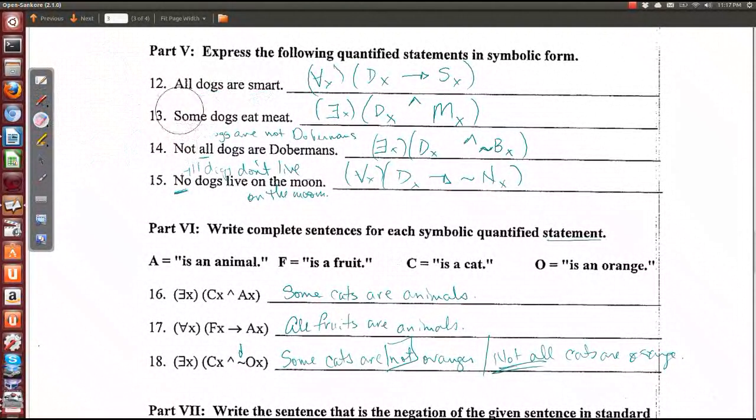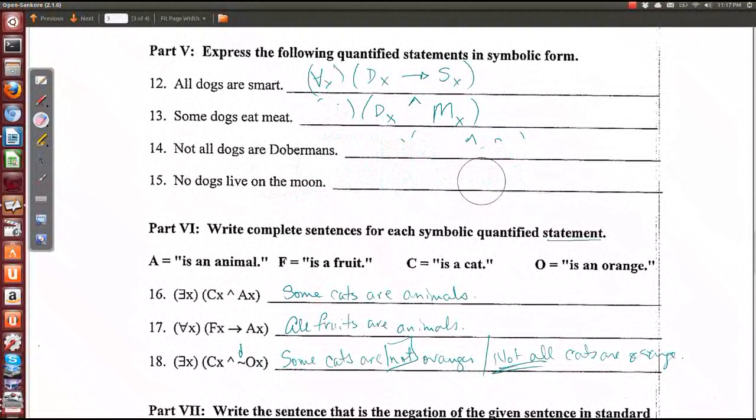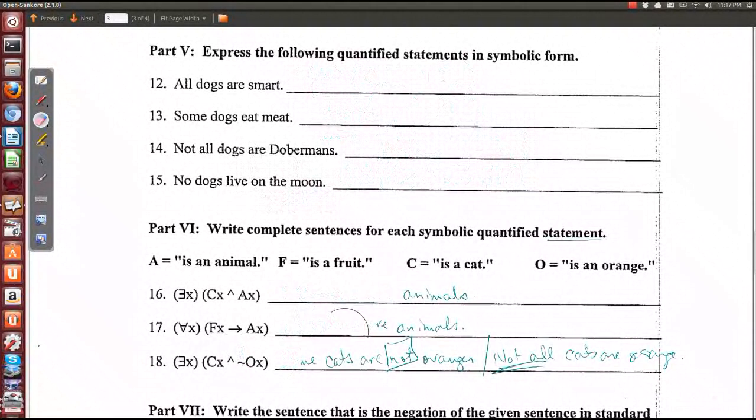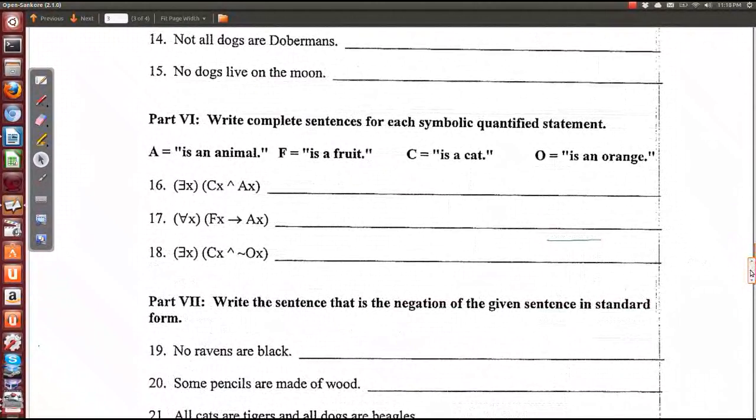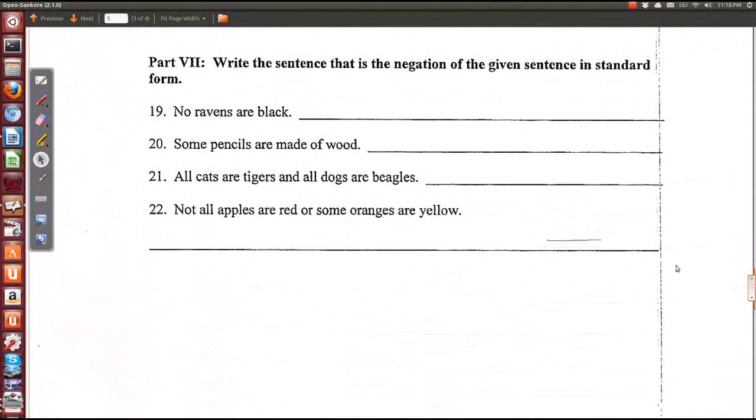So now we need to actually use these predicate statements, which we'll talk about at the bottom of this page. It says, write the sentence that is the negation of the given sentence. So what I have here is no ravens are black. No ravens, that's a universal.